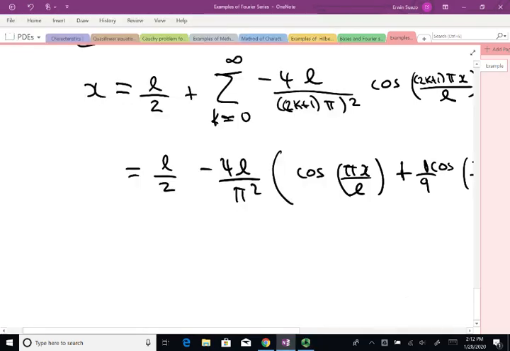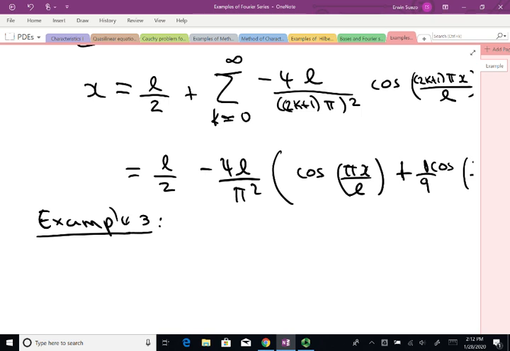Okay, so now we're gonna do example 3, and in this case we're gonna do the full Fourier series for the same function we have been solving.